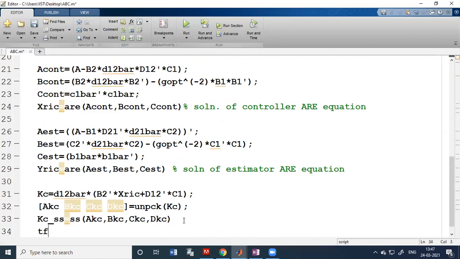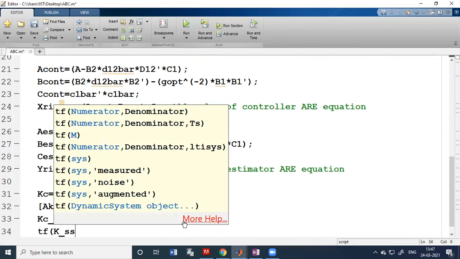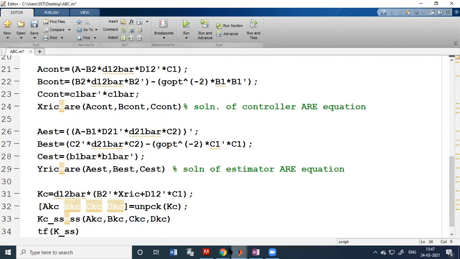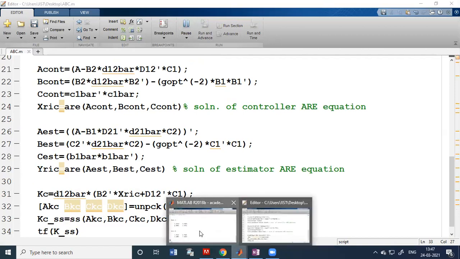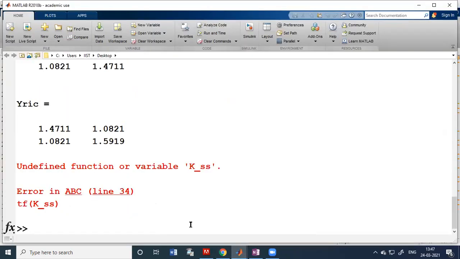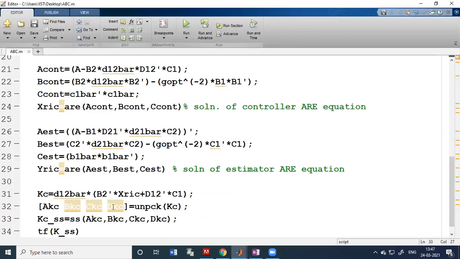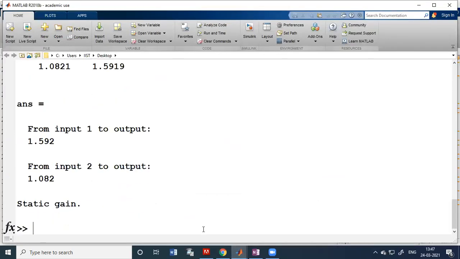So now you convert it back into transfer function form. K-SS. Now you see what is happening. Oh, something is missing, line 34. The KC, C is missing there. Is this matching with what we got, or is it different?